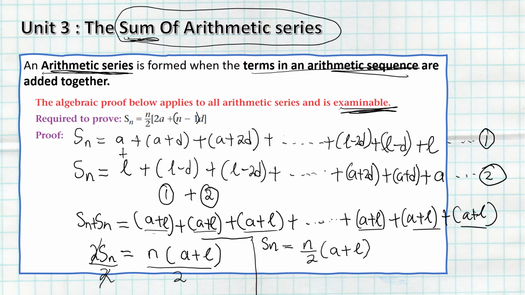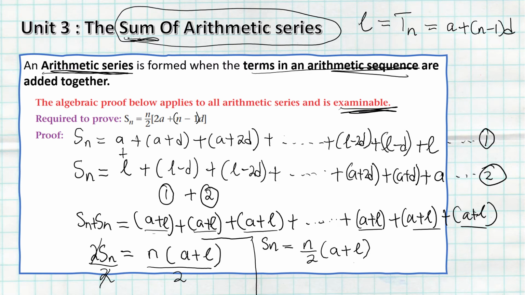Now remember from our session 1 we said the last term l is the same as tn. And because we are adding terms of an arithmetic sequence, tn of an arithmetic sequence is a plus n minus 1 d.